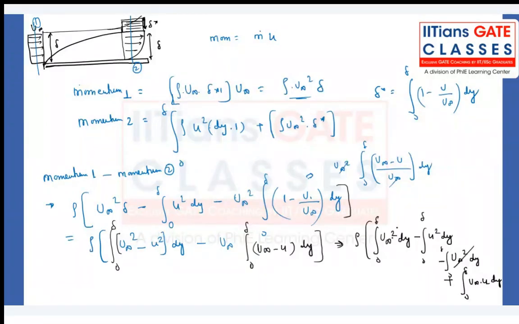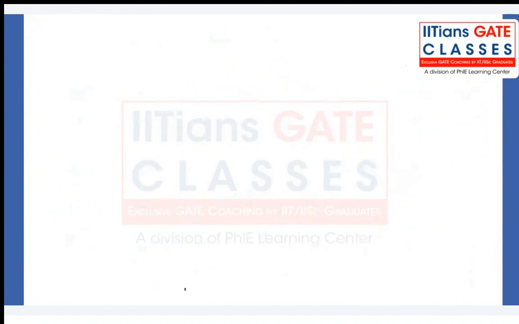So this will cancel out. So I'll be left with which term? I'll be left with 0 to delta, u into u infinity minus u square into dy.